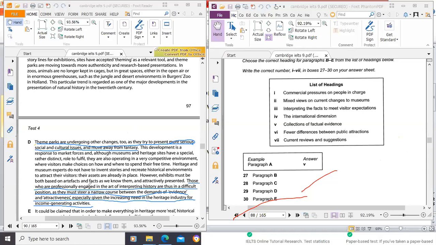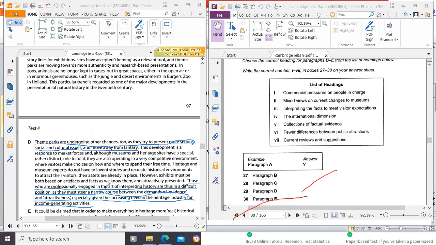Those who are professionally engaged in the art of interpreting history is as good as saying experts, historians, who are thus in a difficult position because of the changes, as they need to focus on more serious social and cultural issues. So here, there are two things, but it is tied to one thing.